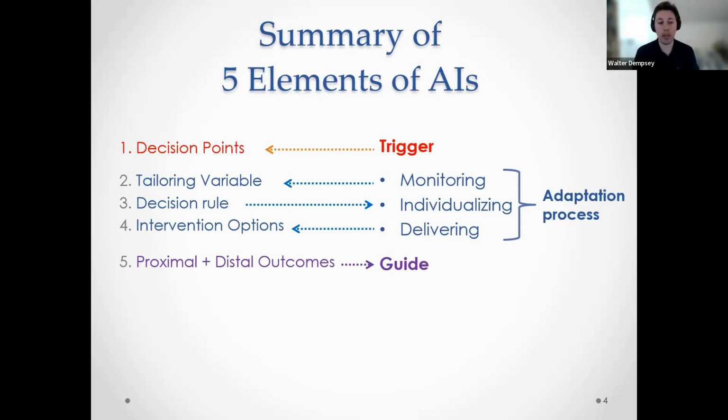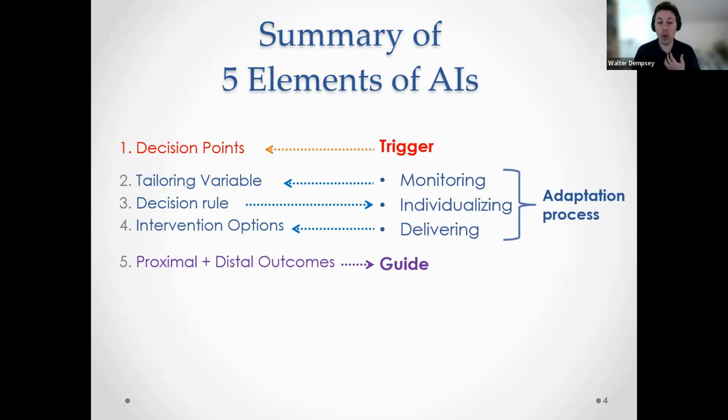The adaptation process takes in the variables, the rule, and the intervention options to adapt to an individual. Decision points are when we trigger the adaptation process. The monitoring matches to the tailoring variables. You individualize to an individual based on the decision rule, and the intervention options are what are delivered. And guiding all of this are the proximal and distal outcomes, where, just to remind everyone, the distal outcome is that final outcome that we care about.